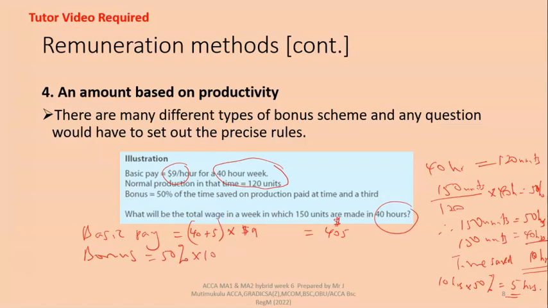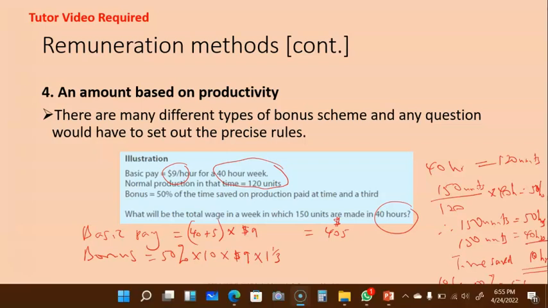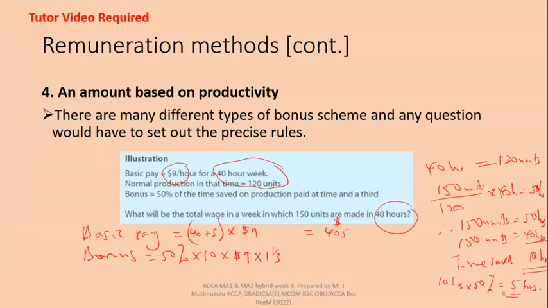We could just have said 5 hours, doesn't matter. 50% multiplied by 10 multiplied by $9 per hour multiplied by 1 and a third, and this gives us 60. So we add up and we get the total pay of 465.